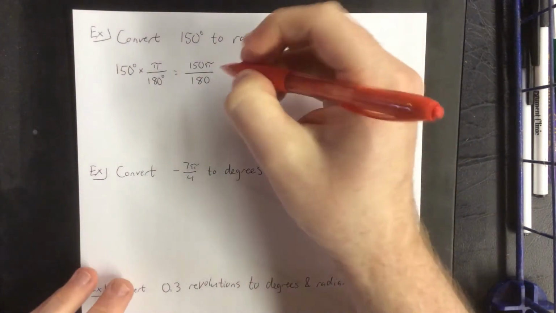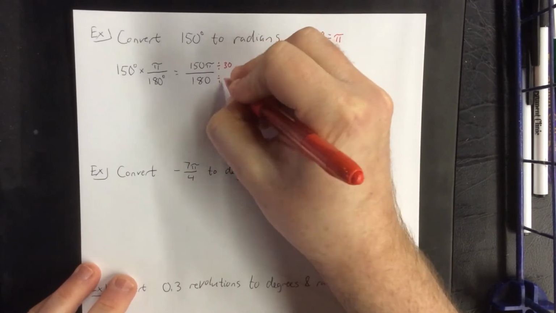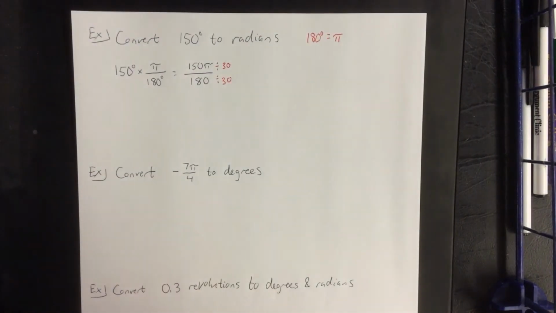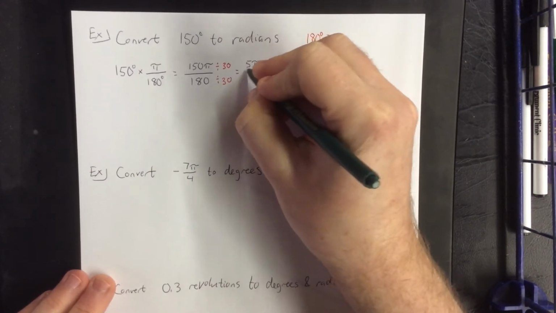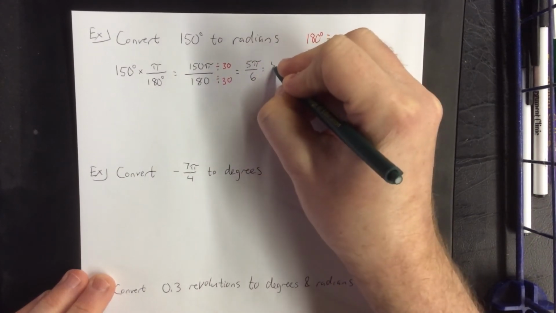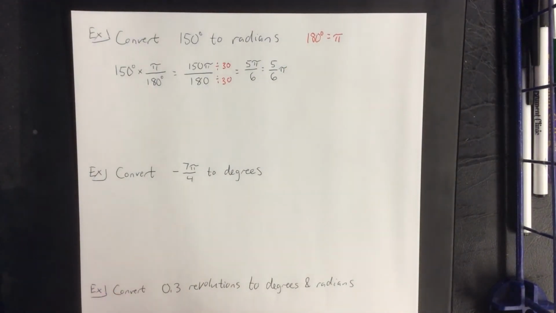This is a fraction that'll need to be reduced. Greatest common factor of the top and bottom would be 30. If I reduce each by 30, I will have 5 pi over 6, or we could also express this as 5/6 pi.